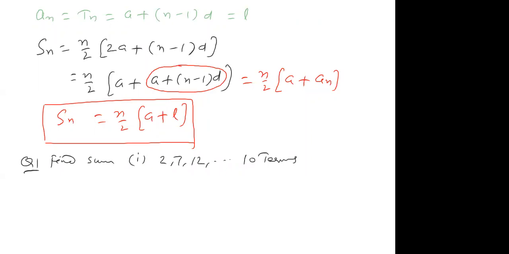Those who are not able to speak, that means those whose mics are not working, can tell me in the chat what they are getting. The same formula you have to use here: n upon 2 into 2a plus n minus 1 into d.